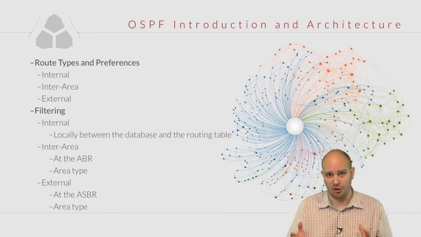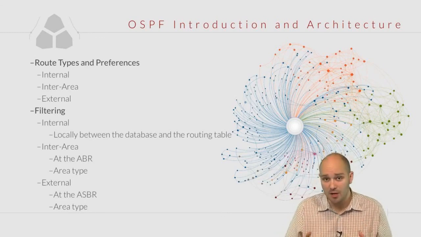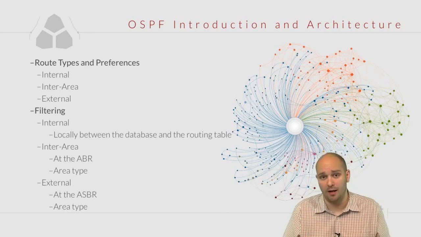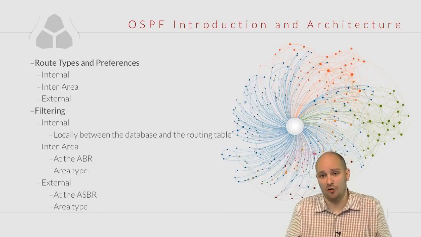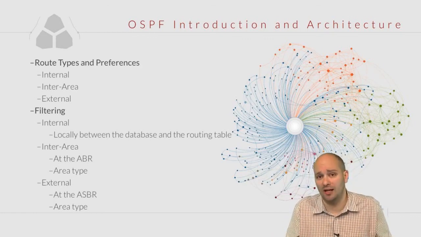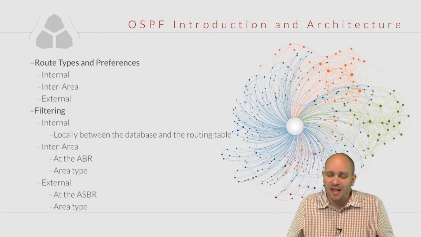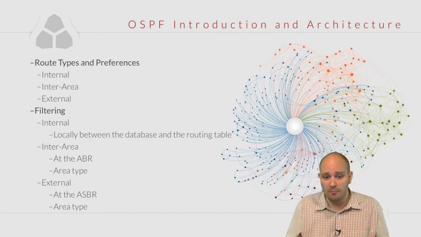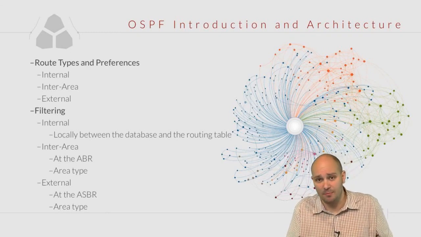When it comes to the inter-area routes, they can be filtered at the ABR, the area border router, and they can also be filtered depending on the area type. Some area types, remember stub areas, simply do not allow type 3 LSAs to go in there, except for the default route. The external routes can be filtered at the ASBR or at the area type boundary.